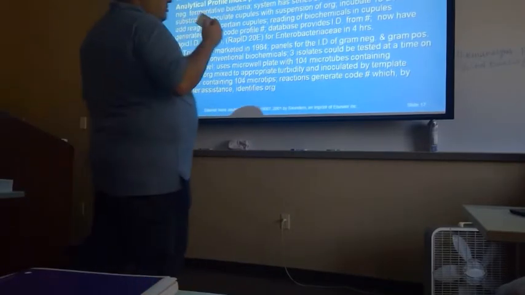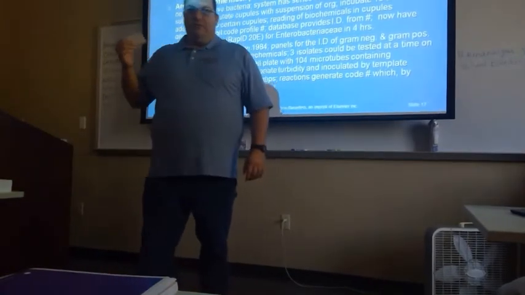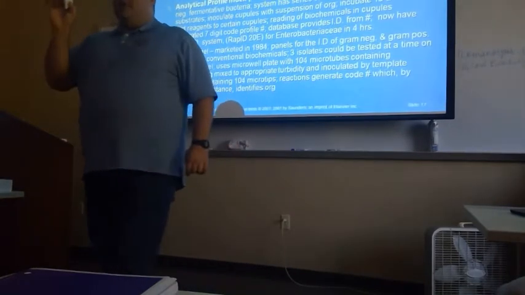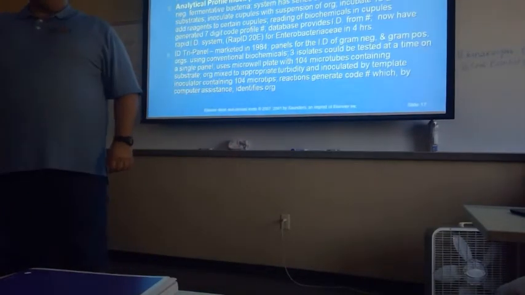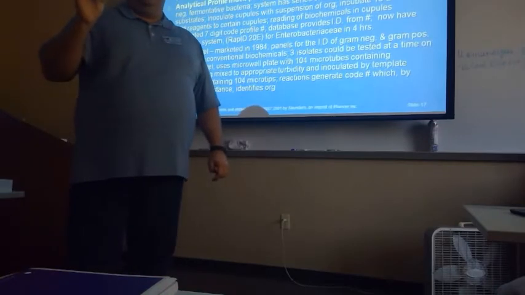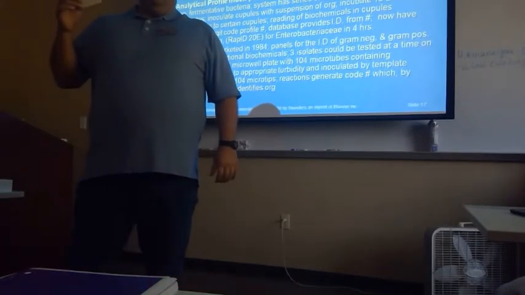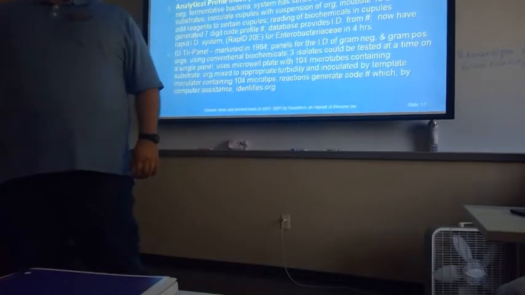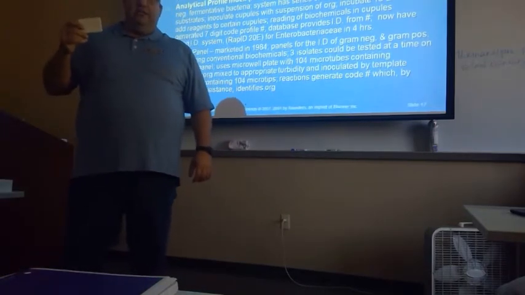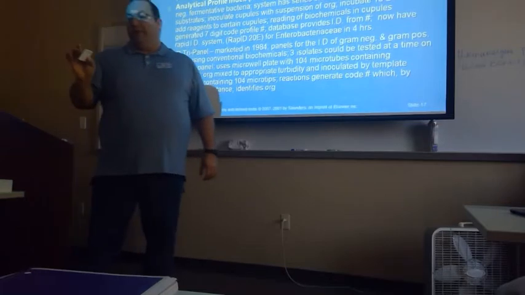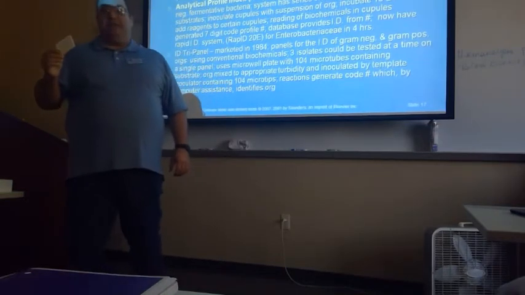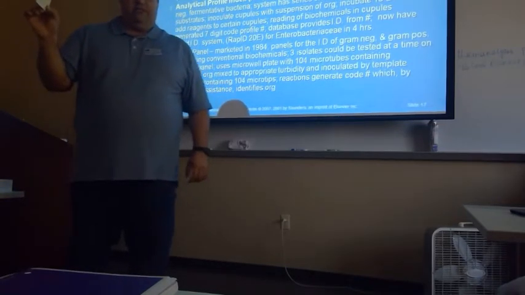Time-wise, notice almost all these said incubate 24 hours. A lot of times with these automated ones, they're looking at the very first hint of the color change, and they can sometimes give you a result in 4 to 6 hours. So it saved time, it saved a ton of space. Just think about how small an incubator you could have, even if you were reading these manually and put 200 of these in.